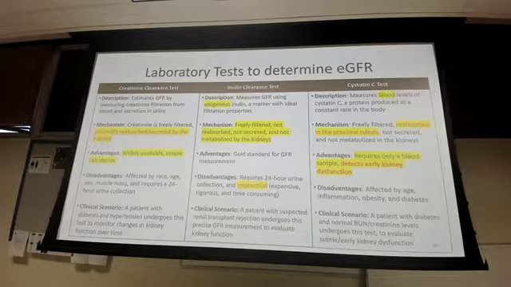And then you have the cystatin C that requires only a blood sample and detects early kidney disease. But the creatinine clearance test is what I want you all to get, and before I move on, let me make sure I'm not lying to y'all. Okay, yeah. Creatinine clearance test.